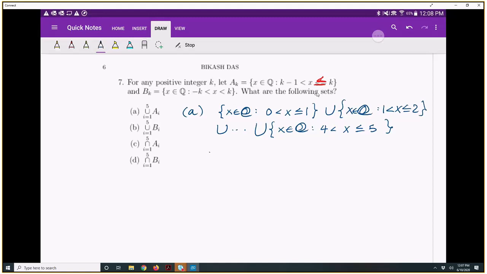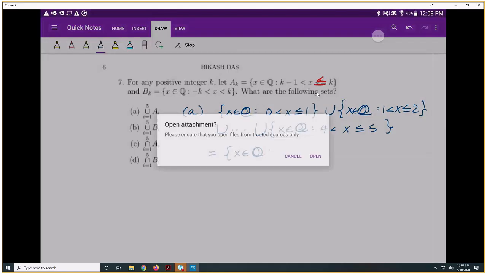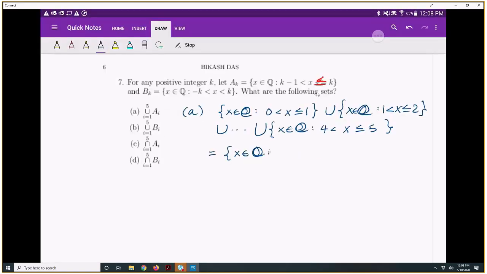This should be those x in the set of rational numbers, starting at the lowest point, which is 0. 0 is strictly less than x. But then I have everything between 1 and 2, 2 and 3, 3 and 4, all the way up until 5. So because I'm taking the union, this is going to become the set of rational numbers between 0 and 5.